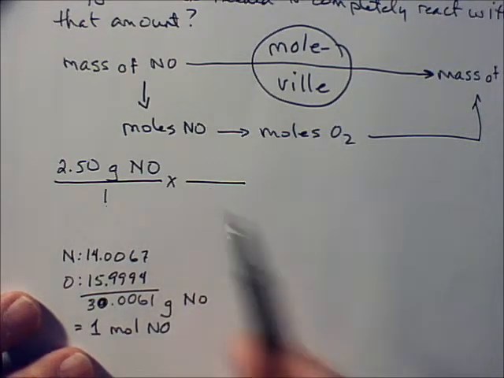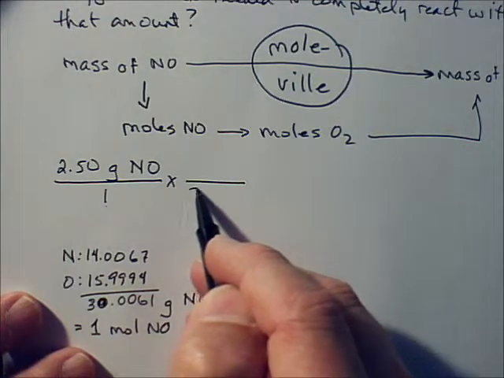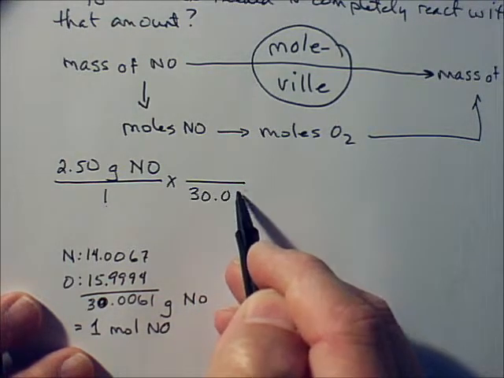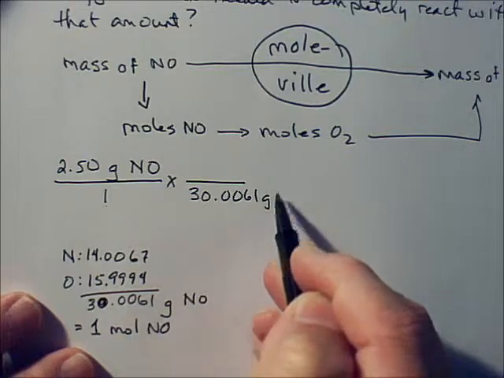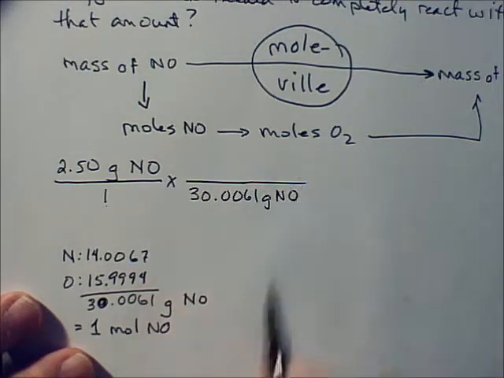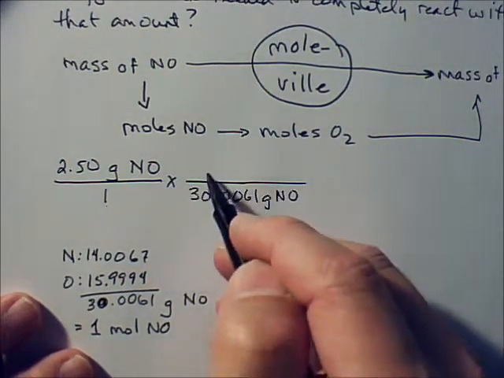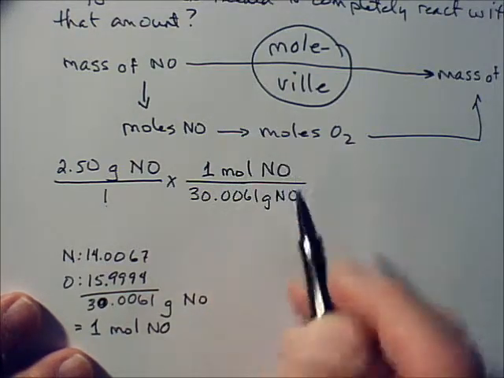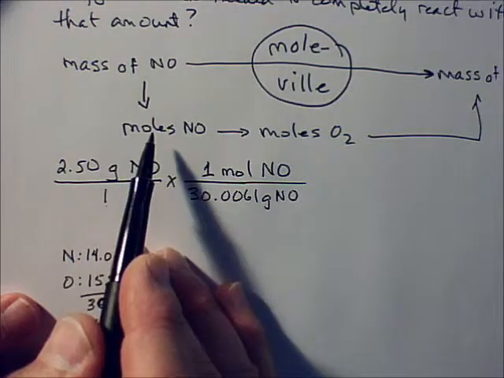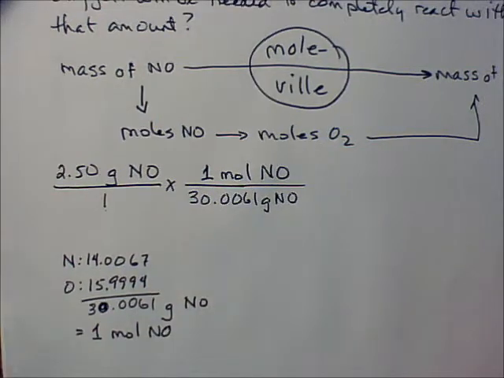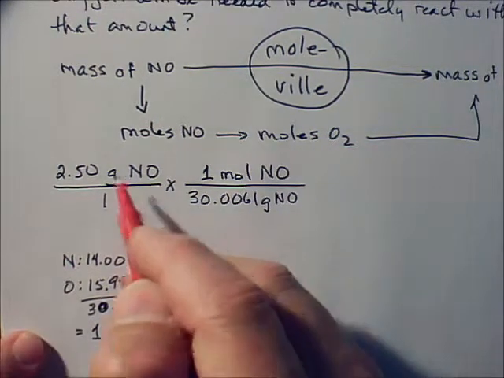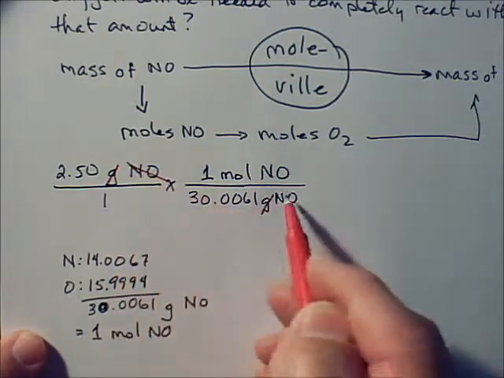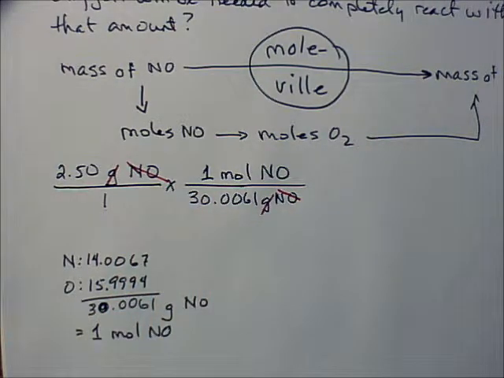So what do we put on the bottom? 30.0061 grams of NO. And what goes on the top of our fraction? 1 mole of NO. Okay. So we've successfully gone from mass to moles. Okay? We can cancel. Okay, and when we do the math, we'll have this answer.